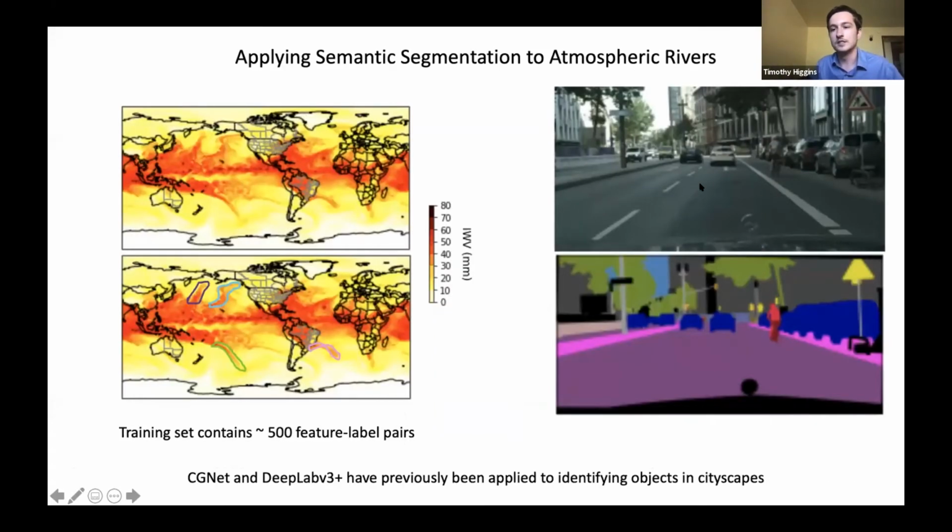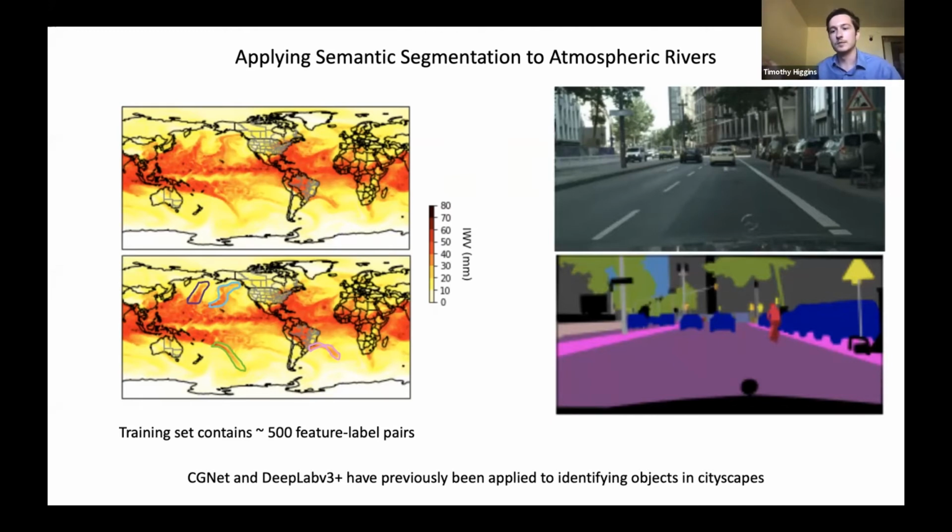In the past, DeepLab v3+ and CGNet have both been used to identify objects in cityscapes. So you can think of a self-driving car, identifying where maybe there's a traffic light or another car on the road, or maybe a person on the side of the road.